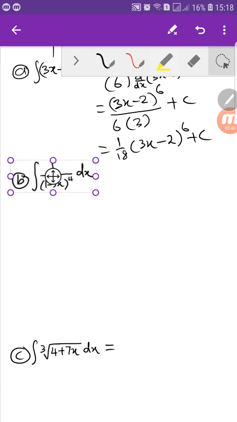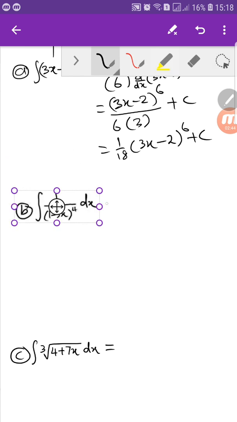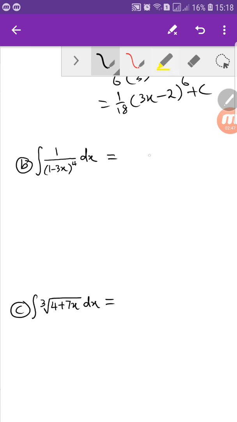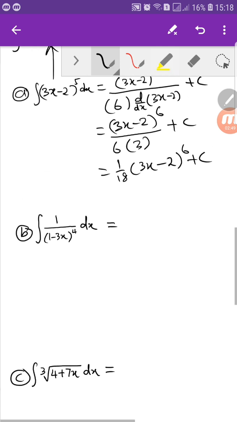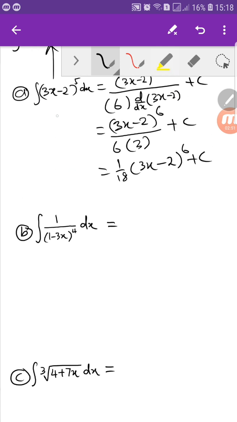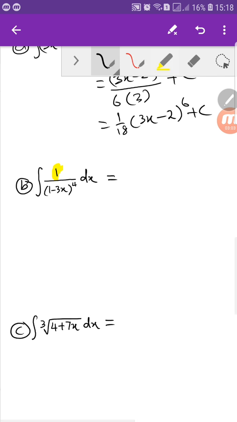Okay, so let's move on to the second example. As we can see here, there's a little bit of a problem, because there's a difference with the first example, whereby we have the whole bracket and the power as a denominator. What we can do is move everything as a numerator, bring it all upstairs, but with the condition of the power turning negative.